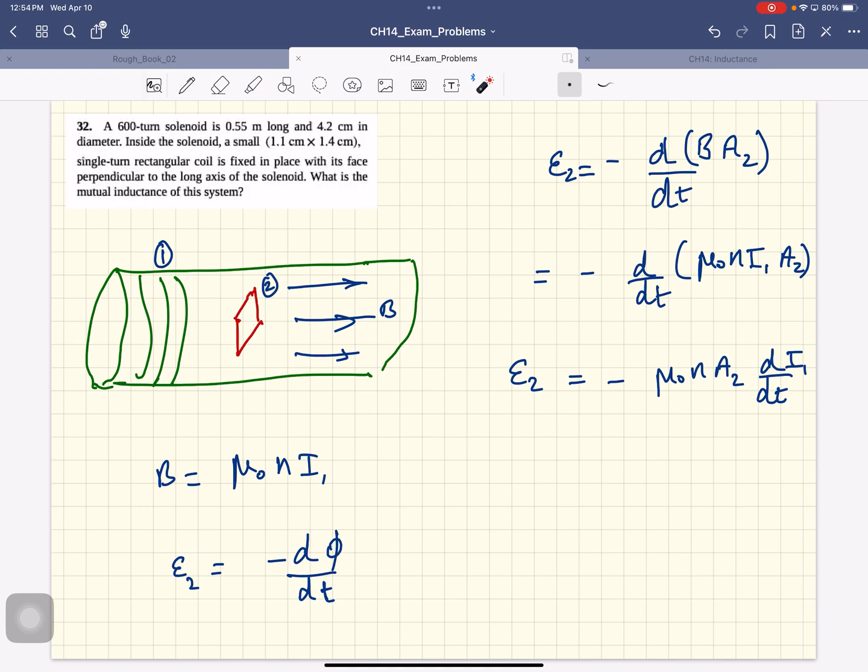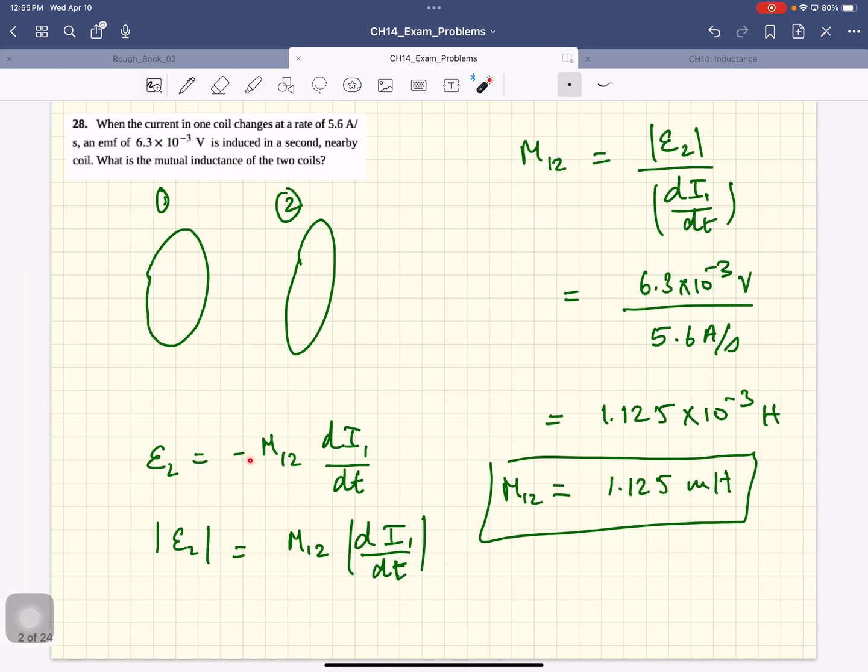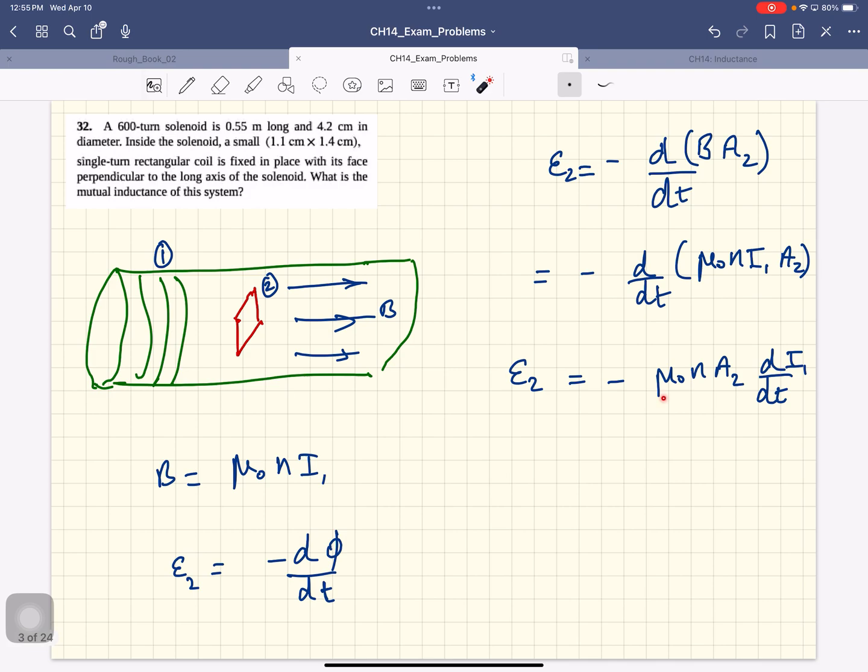Okay. So you see, if you compare this to this expression, the EMF in coil 2 due to change in current in coil 1, that proportionality constant is M12. So in this expression, that would be the mutual inductance. So the mutual inductance M12 is mu naught N A2.